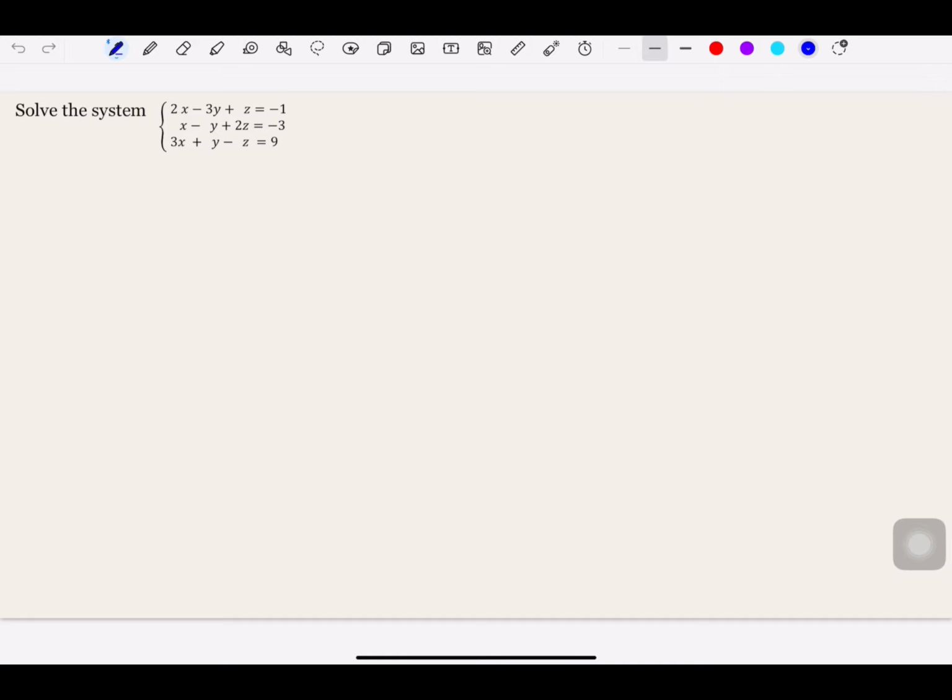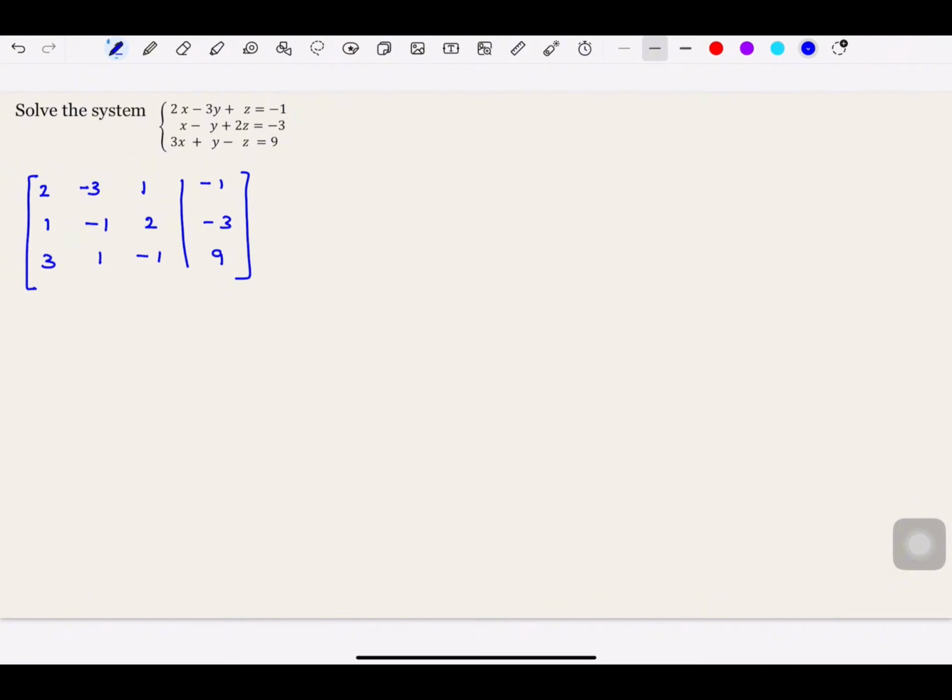First, let me write my coefficient matrix, which starts with 2, -3, 1, 1, -1, 2, 3, 1, -1. This is the coefficient matrix, but I have to make it augmented by putting in my constants. Okay, here we go. This is my augmented matrix.